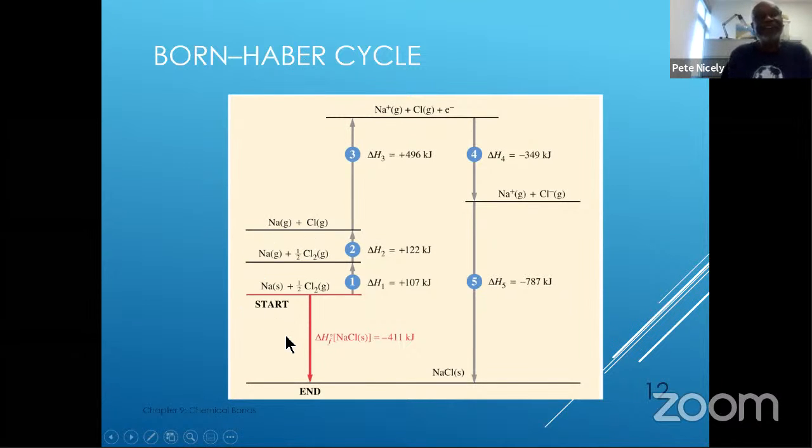The first step in this process is where the sodium solid is converted to sodium gas. The term for that is sublimation. Sublimation is when you have a solid converted directly to a gaseous state without going through the liquid state.